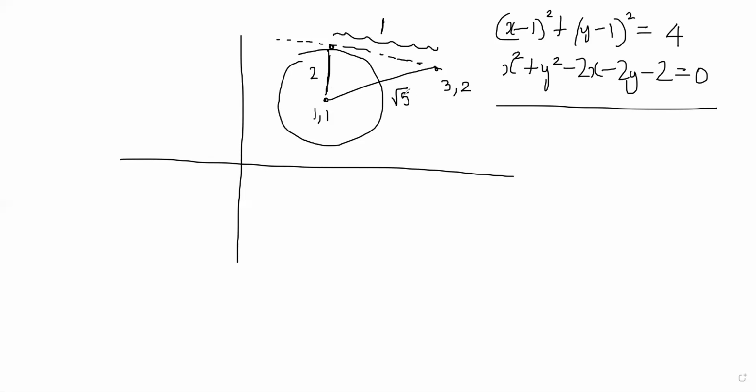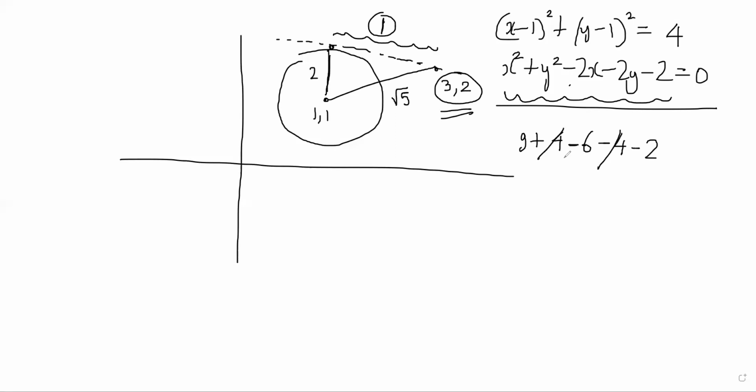Correct. And now we will check whether what I said is correct or not. What I said was, take the point, put it in the circle, and whatever you get, take the root of that. So 9 plus 4 minus 6 minus 4 minus 2, you get 1, right? You understand?